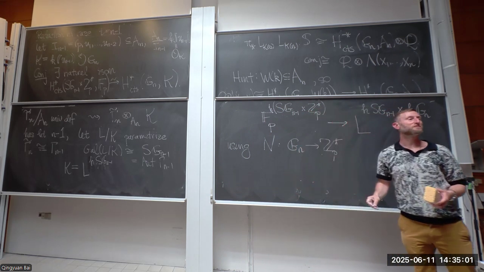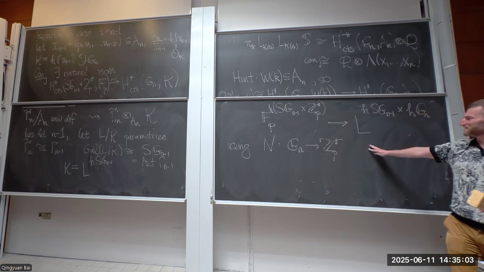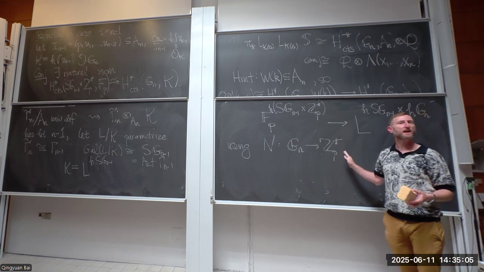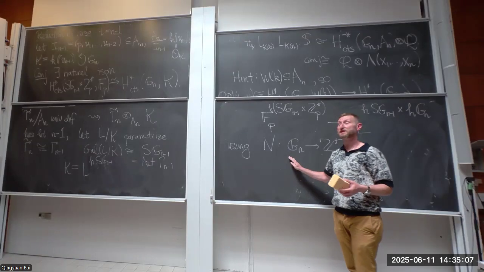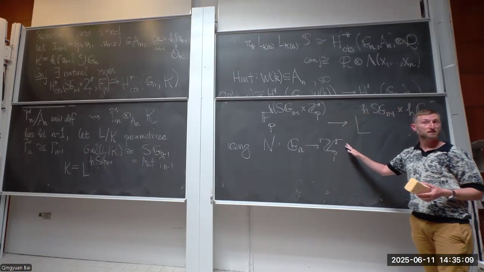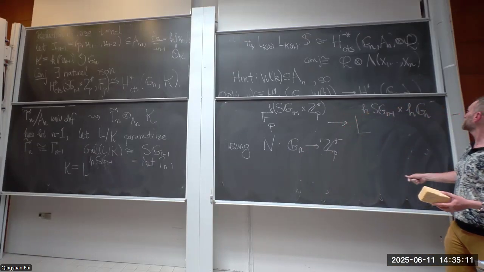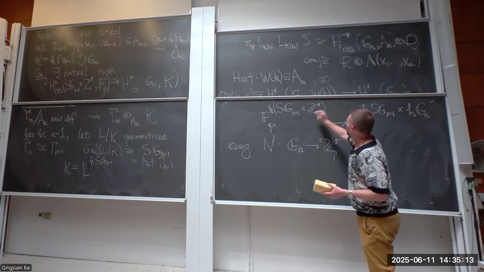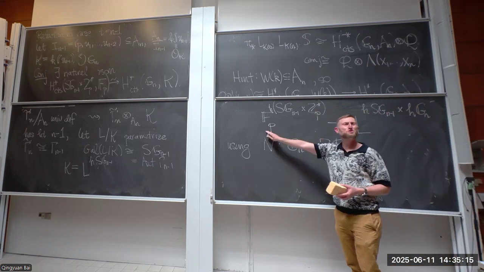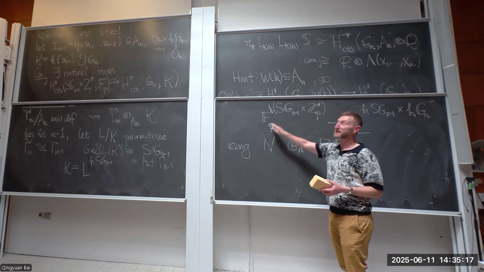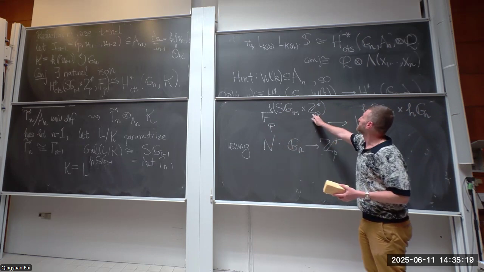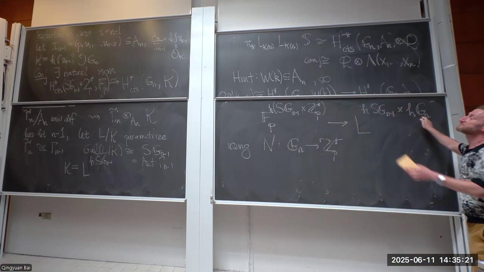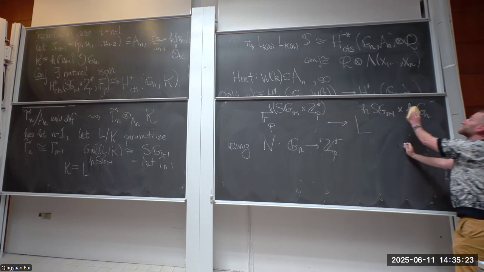Maybe you just have to believe me, but I think in applications you've seen that there is a norm map out of the Morava stabilizer group landing in Z_p star. Because there's this norm map, and the Z_p star here is supposed to be acting trivially on this F_p, both of these groups are acting trivially here. So I can get a map from these homotopy fixed points towards these.